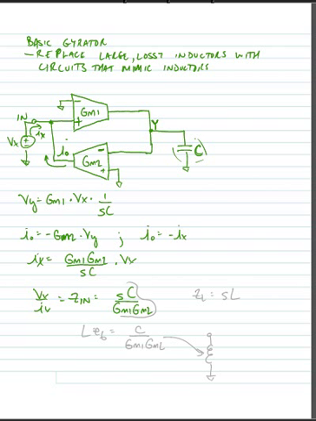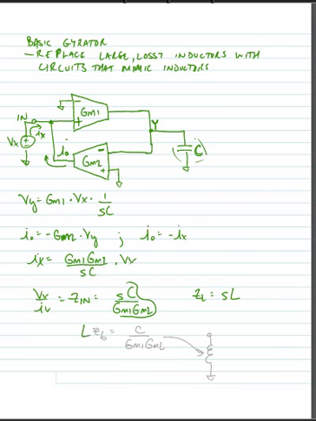Now we know that the impedance of an inductor, ZL, is equal to S times L. And so what we can see here is that this looks like an inductive impedance. It's directly proportional to the frequency, so the impedance increases as frequency increases. And in this case, our L looks like C divided by GM1 times GM2.